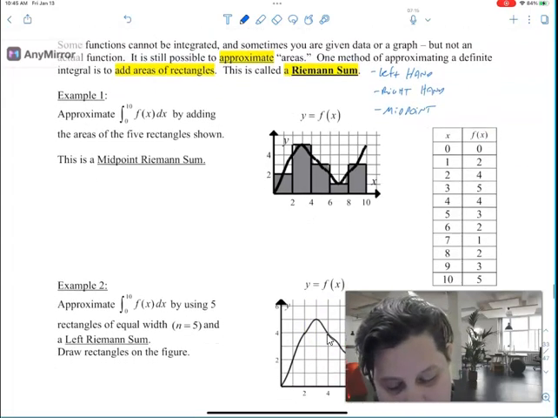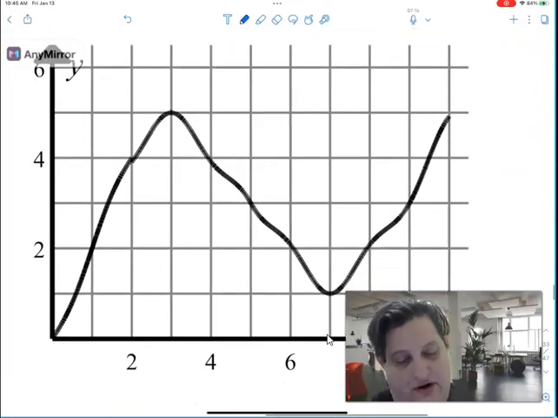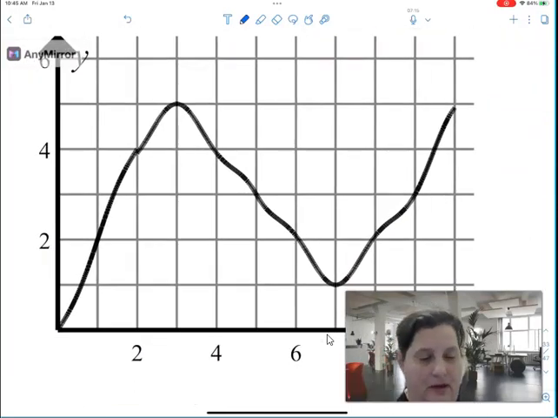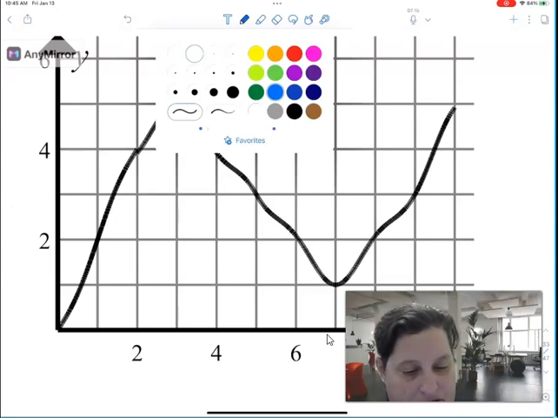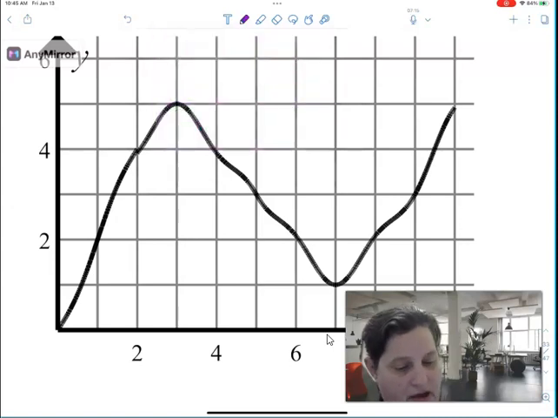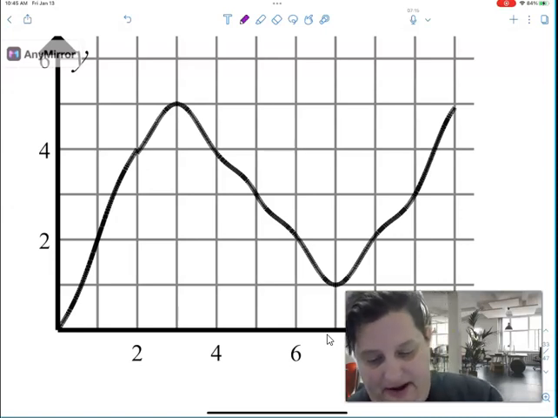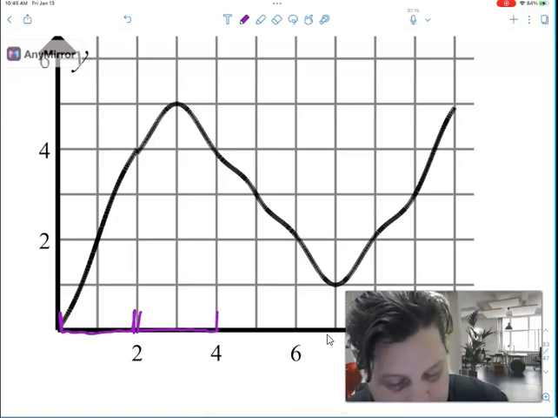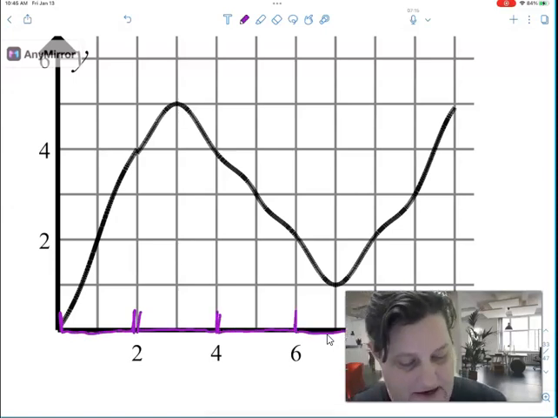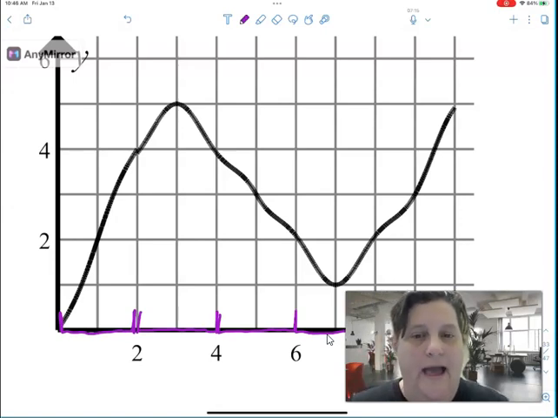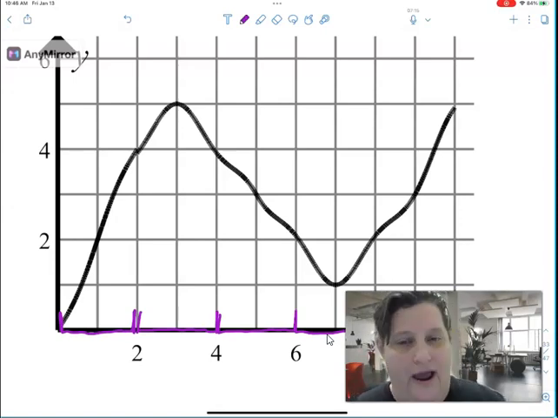Now I'm just going to color on this graph really quick so you can see it. You don't write this down yet, but just so you can get an idea, okay? Let's say I have 5 rectangles, each with a width of 2: 0 to 2, 2 to 4, 4 to 6, 6 to 8, 8 to 10. Let's do a right-hand sum first.